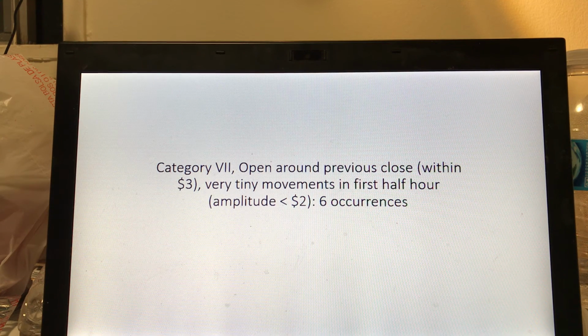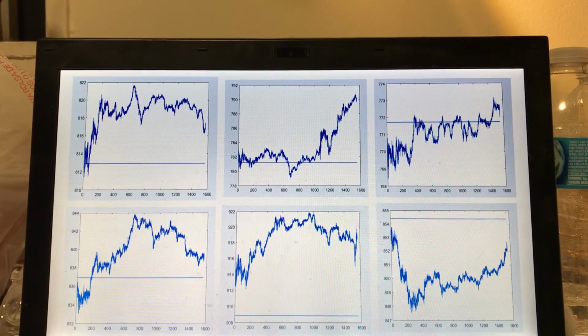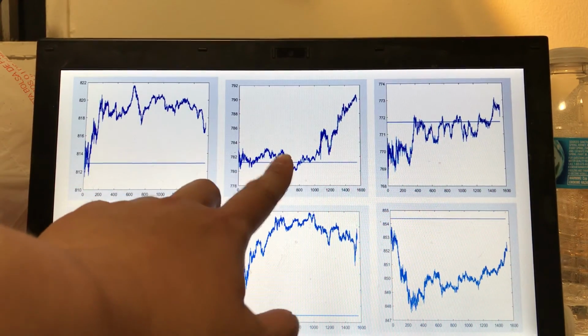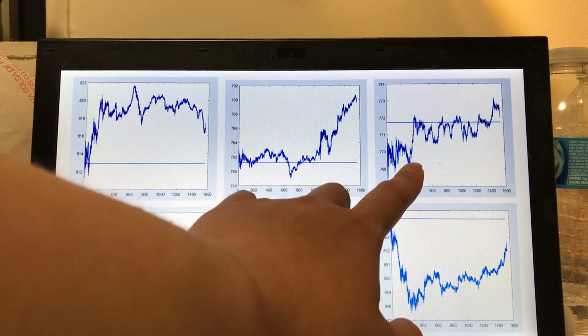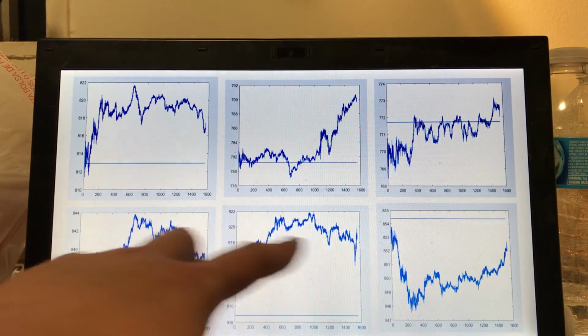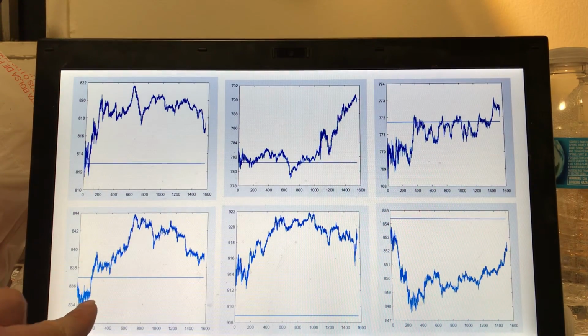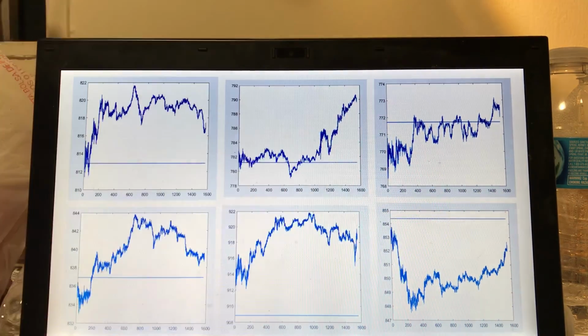There are 6 occurrences in this part, so this is a very uncommon case, and we can see that during the first half an hour or even about 2 hours, more than 2.5 hours, this is about 1 hour, and this is about 20 to 25 minutes, and this is about 40 minutes. So even though this is 20 to 25 minutes, it is considered a pretty long time.